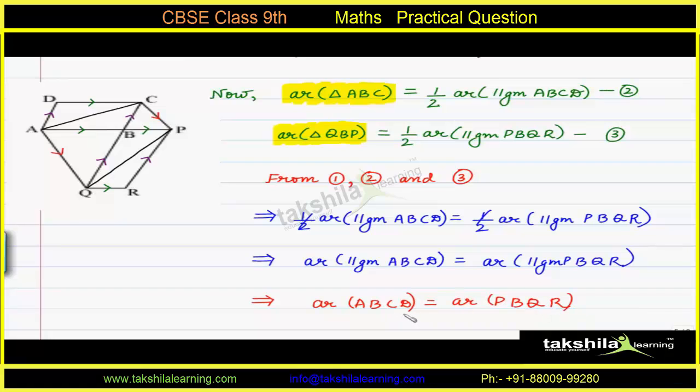And this is what we had to prove in this question. Area ABCD is equal to area PBQR.